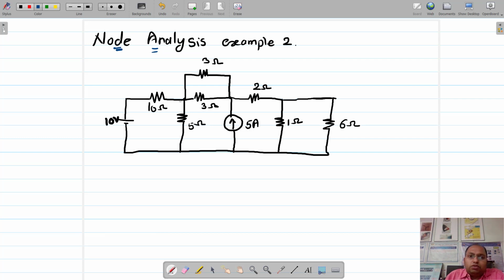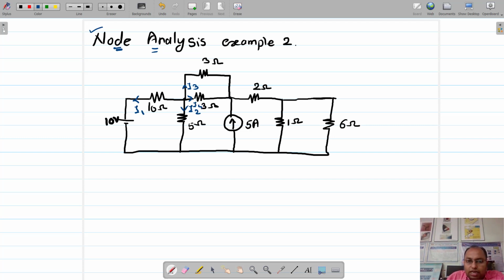Whenever you are going to apply node analysis, the very fundamental step is to assume the current directions. So let us assume the current directions like this. Let us say this is I1, this is I2, this is I3, and finally this is I4.